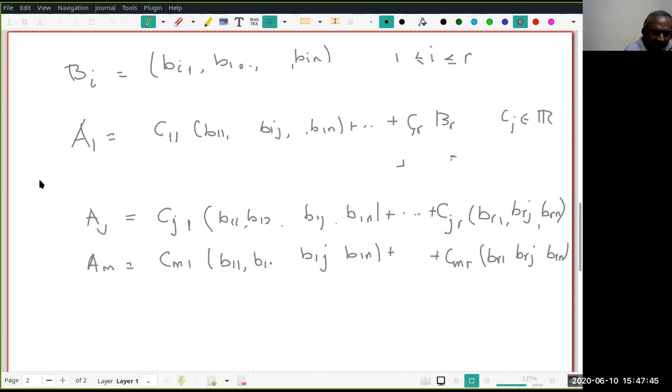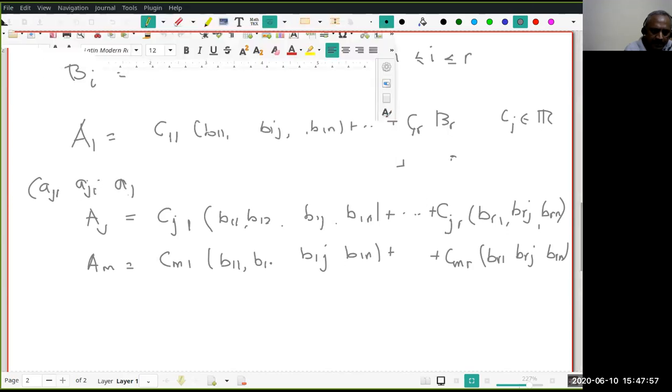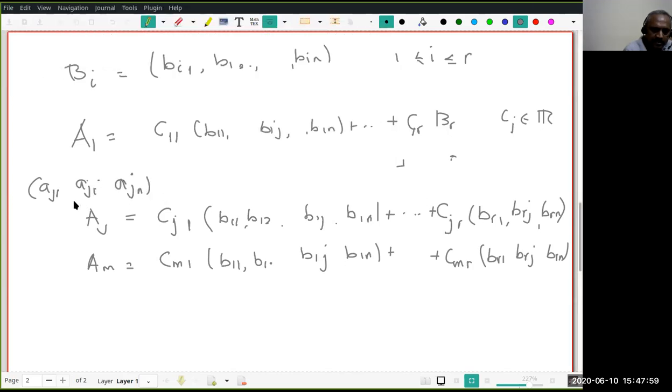Let me look at a_j. This is the jth vector. You understand that? Therefore a_j is a_j1, a_ji, and a_jn. That is your a_j. Do all of you agree with that?